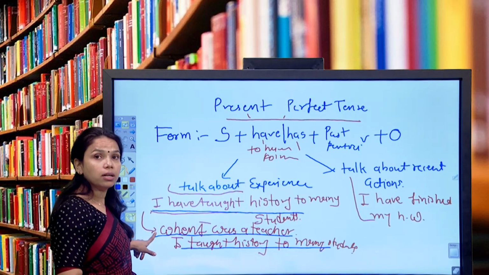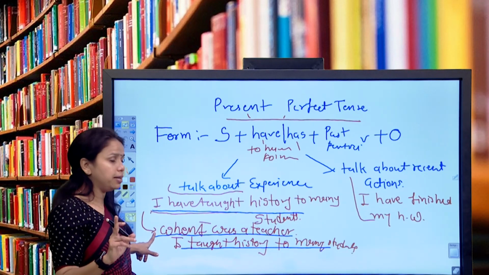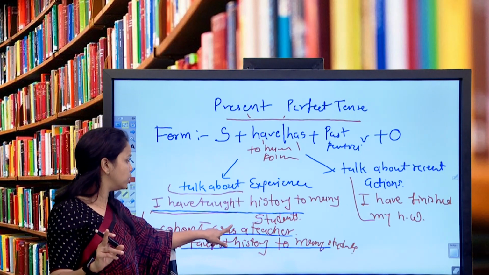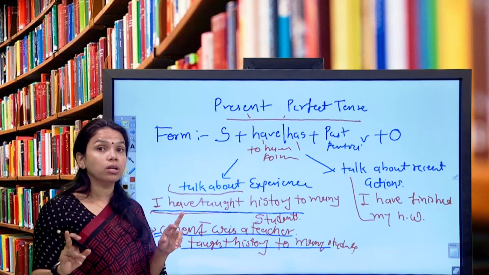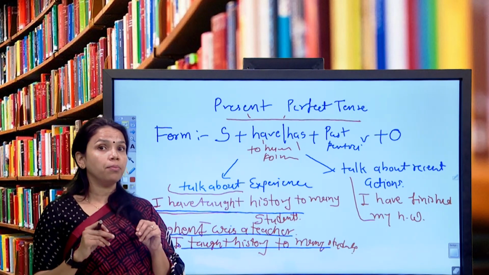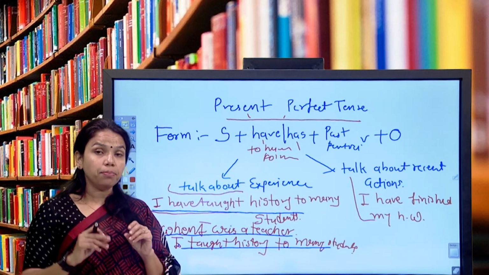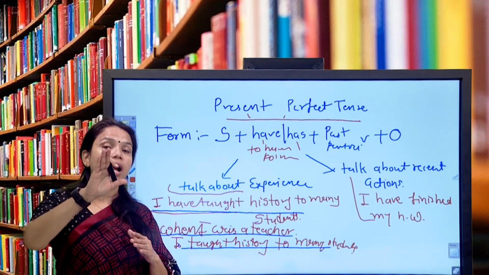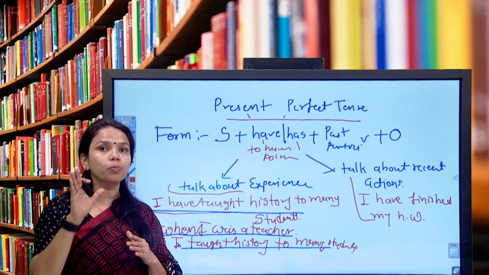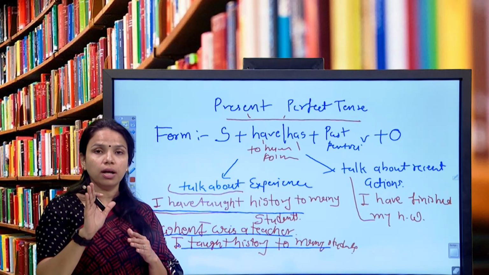But if you read the second sentence, when I was a teacher, I taught history to many students. So particularly now I am not a teacher, right? But when I was a teacher, at that time, I taught history to many students, right?